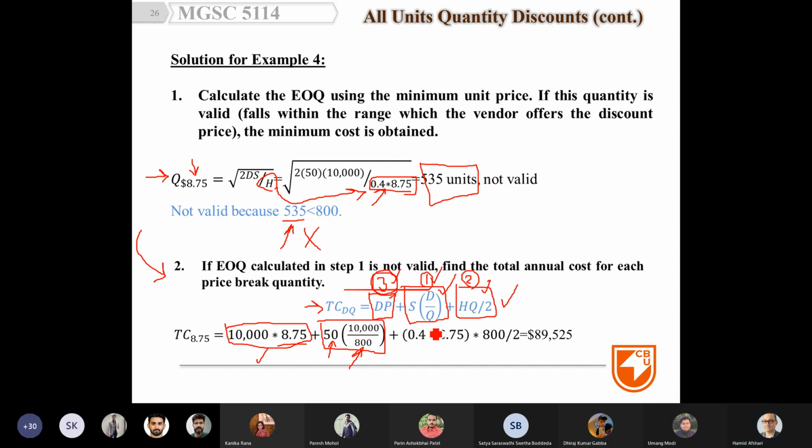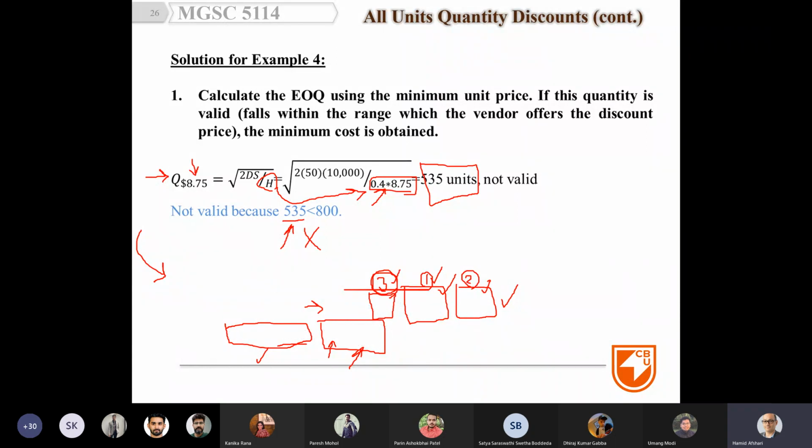And then I have the last component, which is the holding cost. Okay, how to calculate holding cost? H is the first parameter of that. So how to calculate H? It will be 40% of unit price. So 40% multiplied by, how much is the unit price for the cheapest range?